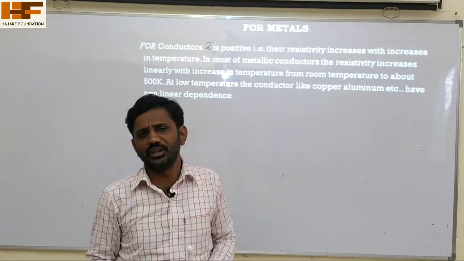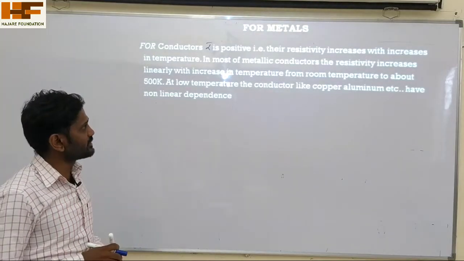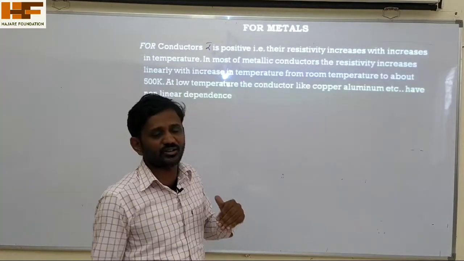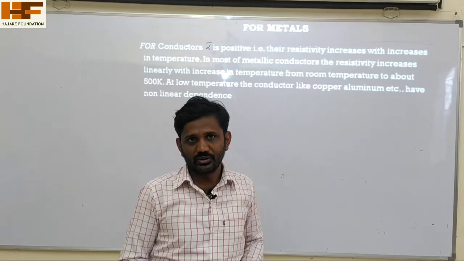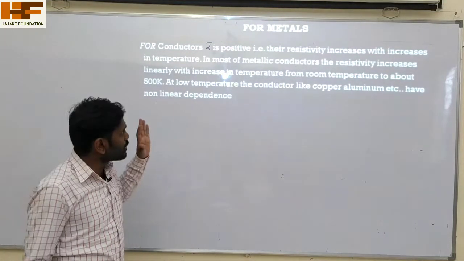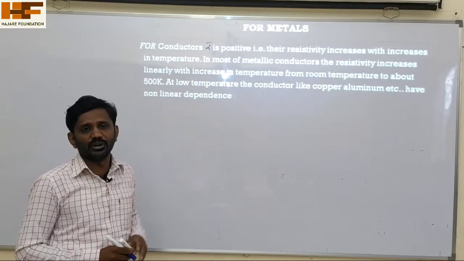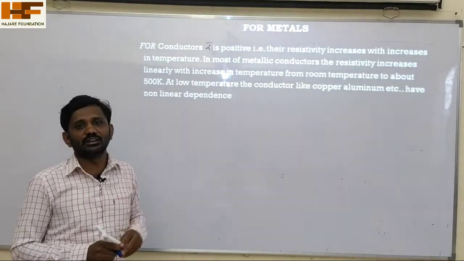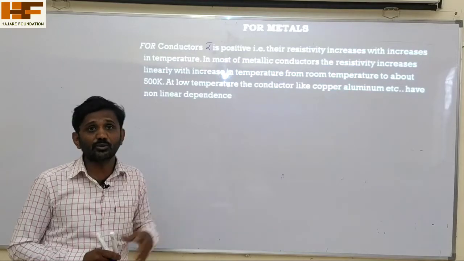For most metallic conductors, the resistivity increases linearly with increase in the temperature from room temperature to 500 Kelvin. Some metals, for example copper and aluminum, behave with non-linear dependence at a low temperature only.